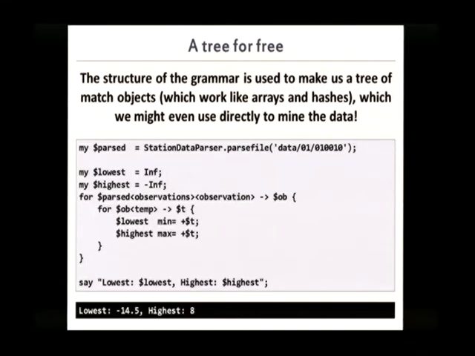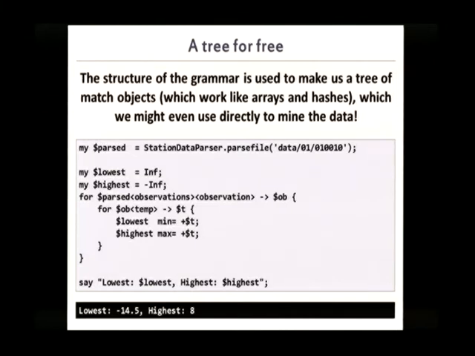So we pass this file, the grammar, and then what I'm going to do is look for the lowest and highest temperature that we ever observed in all of these observations at this weather station. So I start out looking for my lowest one and highest one, and we just put infinity and minus infinity in there.